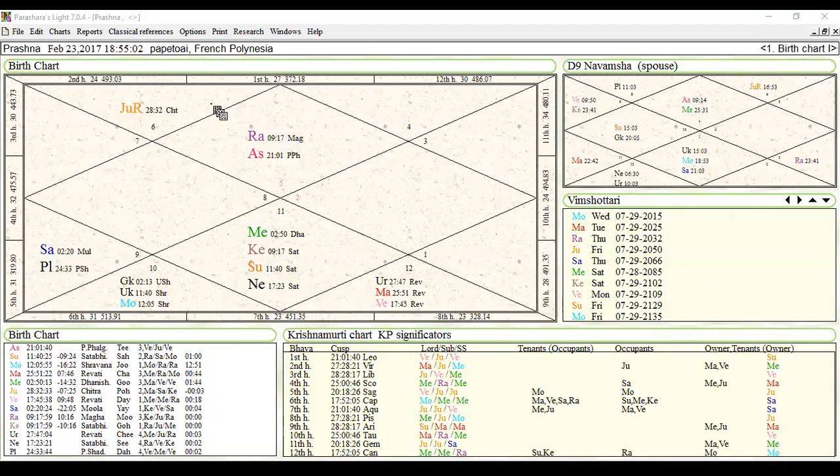And likewise, when you read a chart for a person and you see, let's see what we see here, and you see a planet, let's say it's the Moon, and you want to figure out what that planet's final indications are, you can go into the Navamsha to really figure out what that planet truly promises.